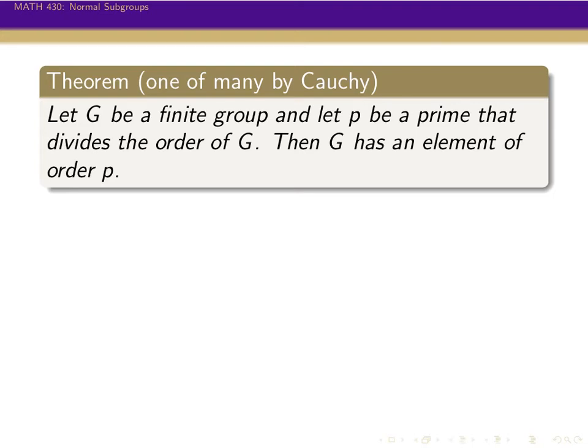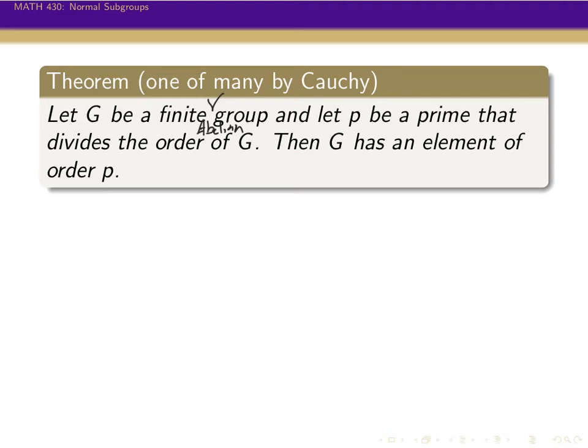We actually will not be proving this full statement. We are going to be limiting ourselves to finite abelian groups, and so really I should put the abelian after the finite. The statement we're going to be proving is: let G be a finite abelian group.